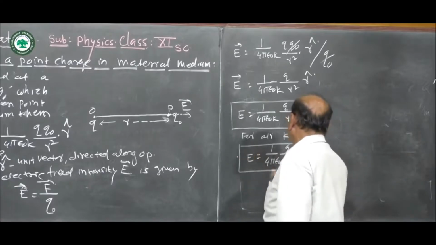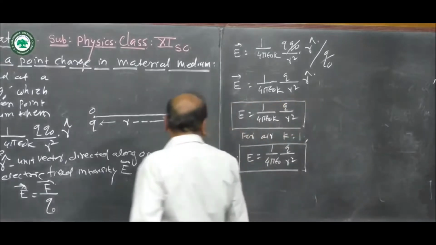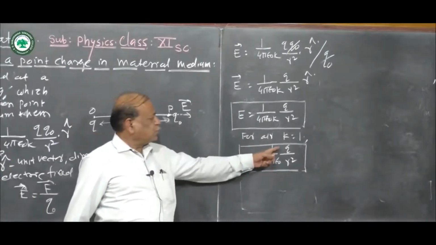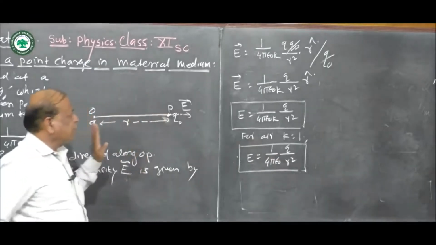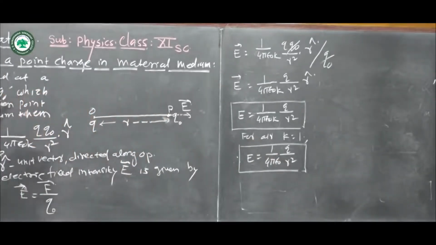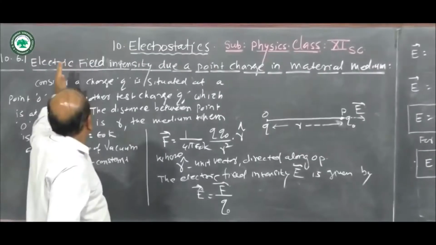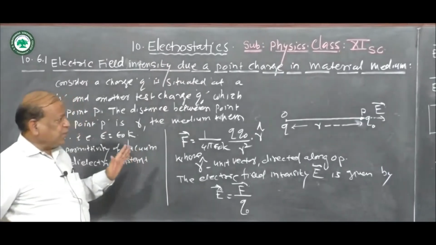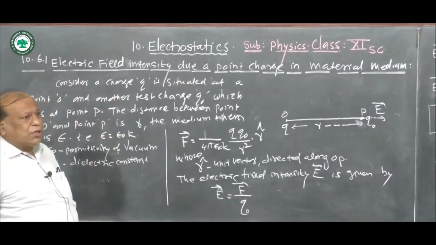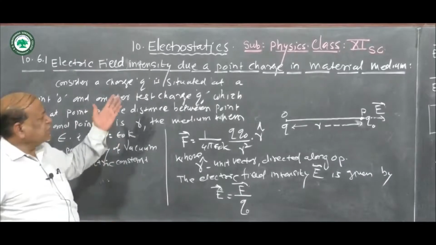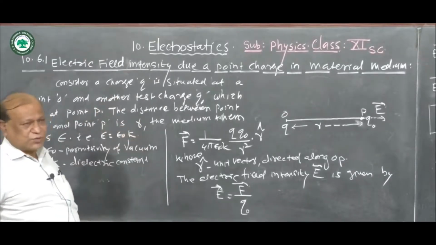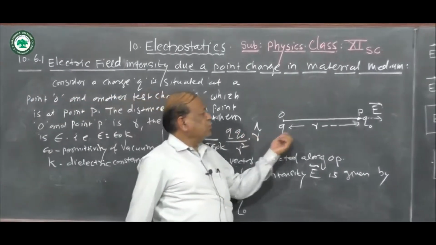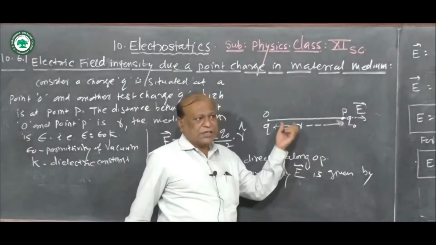This is the electric field intensity. E is equal to 1/4 pi epsilon 0 Q upon R square. This is the required expression for the electric field intensity due to a point charge in a material medium. According to Coulomb's law in electrostatics, we can easily obtain this expression. Now here consider the two charges Q and Q0. Q0 is the test charge.